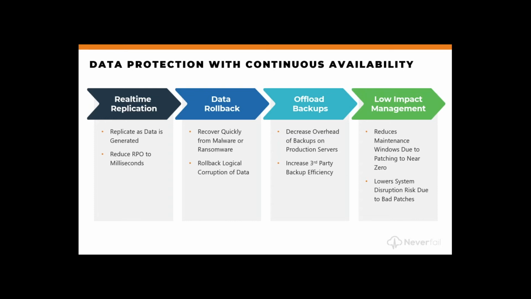You usually end up having to do them in the middle of the night because you don't want them to impact user performance, things like that. But wonder if you could actually use your passive nodes to do that. So you can use this to decrease the overhead of your backups. It also allows you to use third-party backup tools to back up these passive nodes and offload that data quickly and easily, even during production hours without affecting the end users.